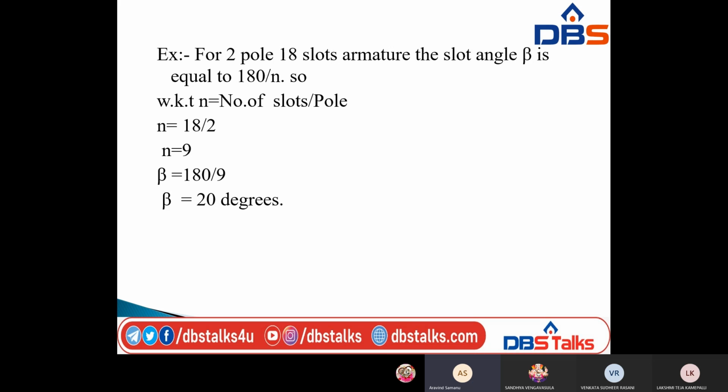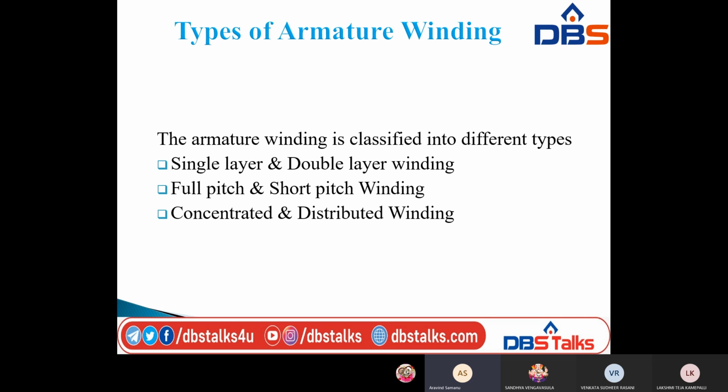Okay. Next, the types of armature winding. This is also a very important concept. The armature winding is classified into different types: single layer and double layer winding, full pitch and short pitch winding, and concentrated and distributed winding.